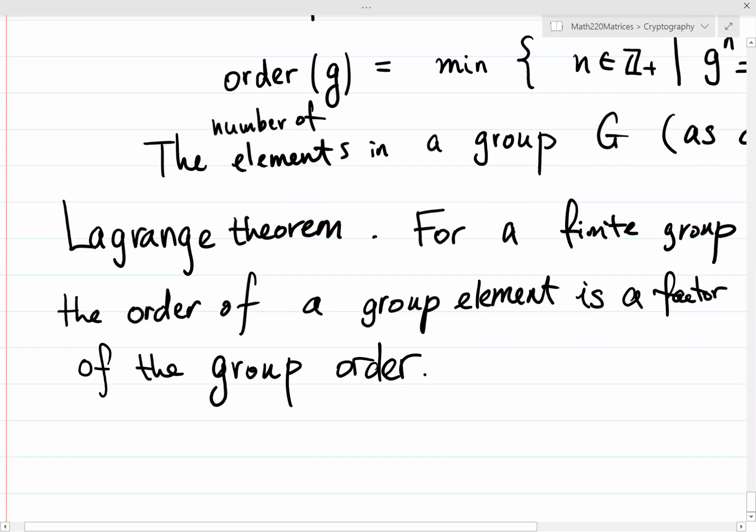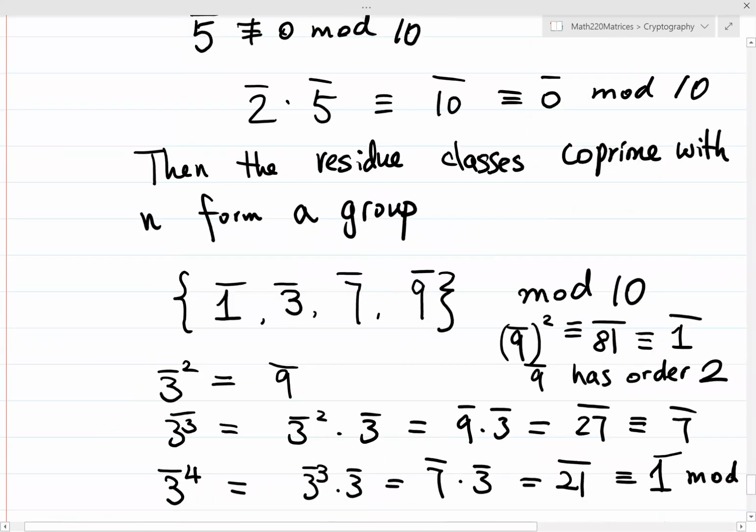The example that we did, the first example.